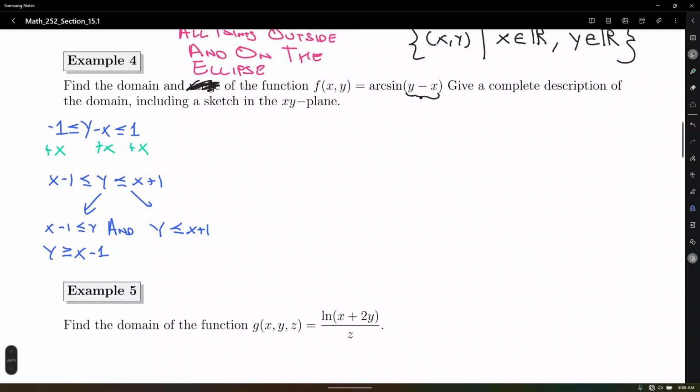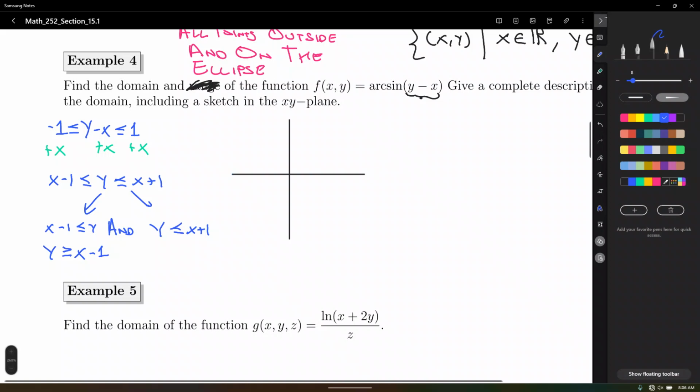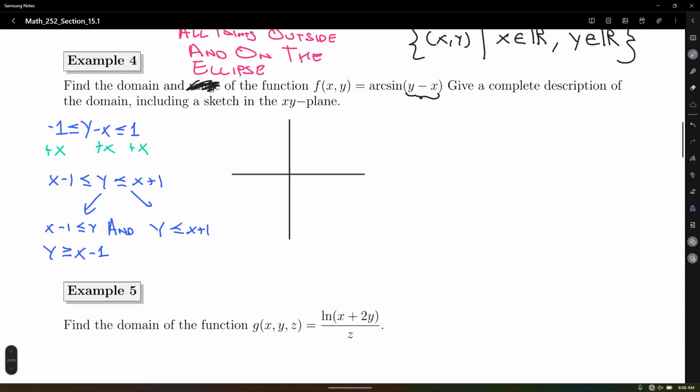Okay, so let me do a couple of Cartesian planes. So the first inequality, I'm going to treat it like an equation for a second.